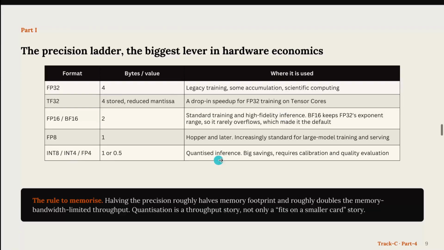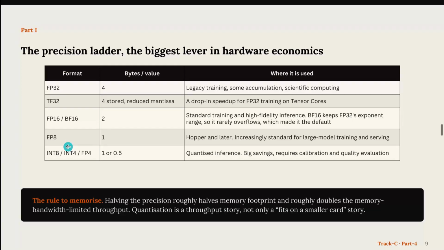These are quantized inference models. They have big savings, but they require certain calibration and quality evaluation because you dropped the floating point size by a quarter. They are typically used for classification tasks, summarization tasks, and so on.